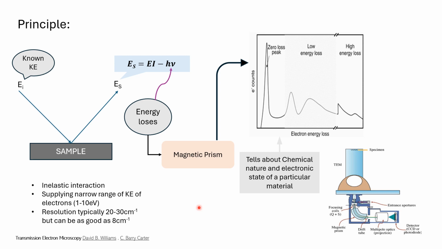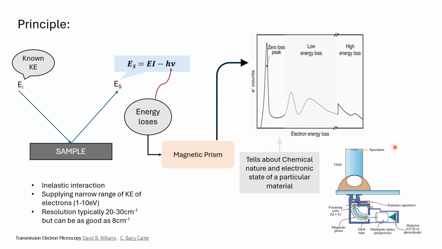Using a magnetic prism and detector, we can collect these electrons and get a plot which tells us about the number of electrons and their corresponding energy losses. This information tells us about the chemical nature and electronic state of a particular material.